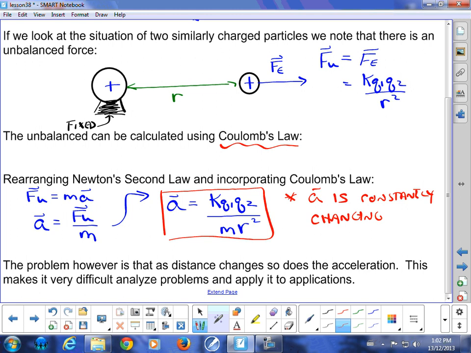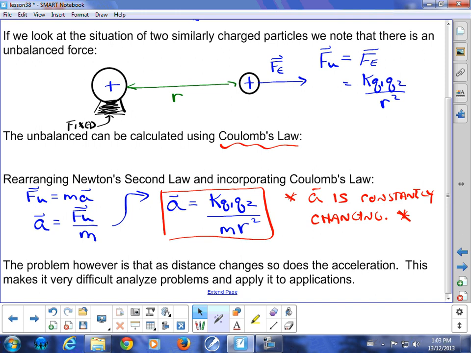That means that if you want to calculate the acceleration or the unbalanced force, you need to know exactly where you are in terms of distance from the two sources and so forth. So it makes it very difficult to analyze particles in real-world applications.